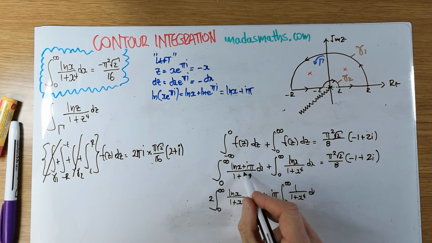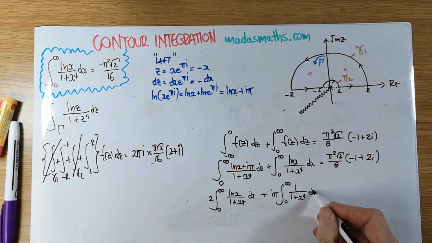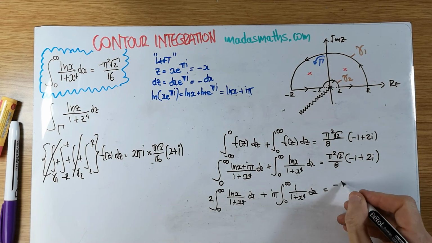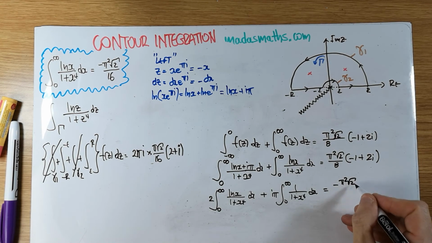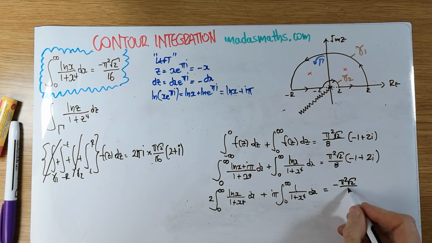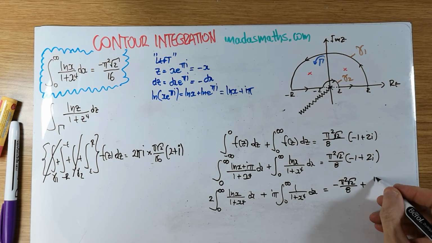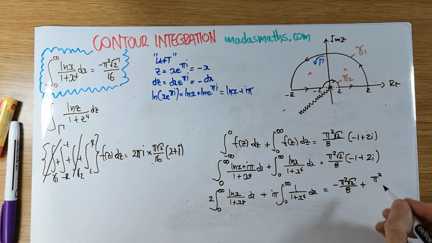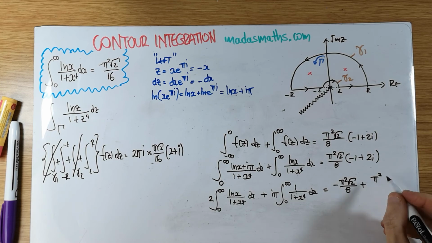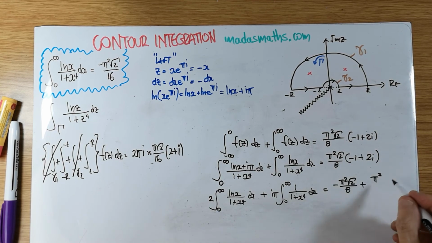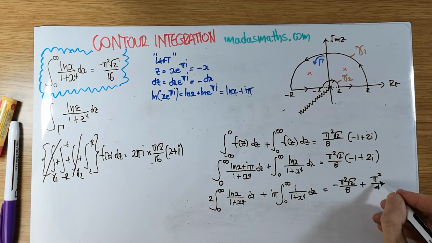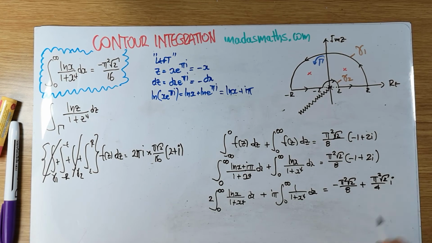That's from this bit here. Let's split the right hand side into imaginary and real: minus pi squared root 2 over 8, plus pi squared, the 2 we're going to cancel into a 4, we still got the root 2, and then we got the i.